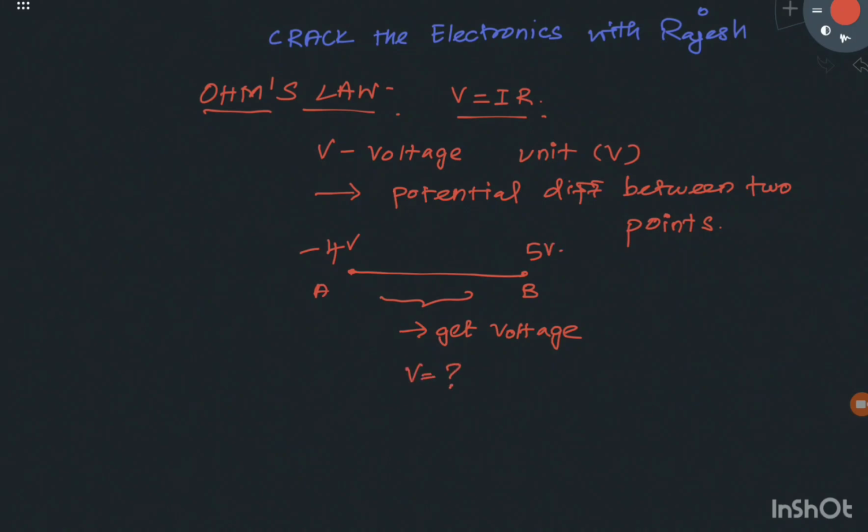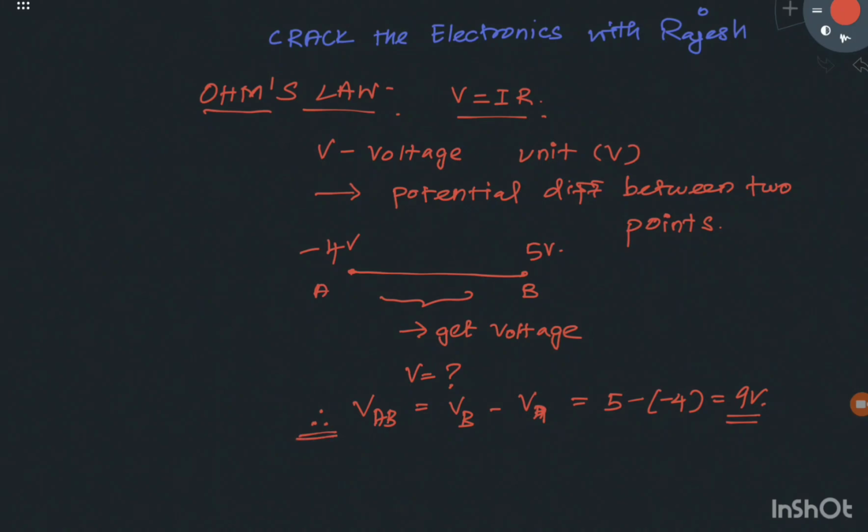VAB is equal to VB minus VA. So it is going to be 5 minus of minus 4, which is equal to 9 volt. So this is the actual formula.